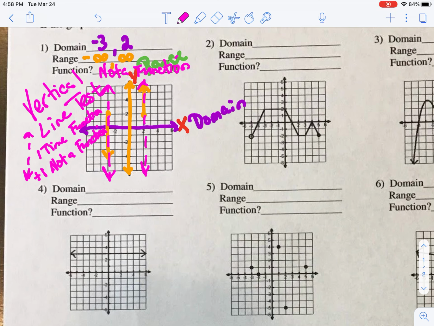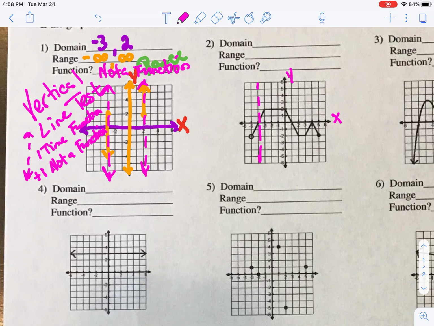Okay, let's move on to number 2. So with number 2 here, we have a few things that we need to pick up. We're still focusing in, I'm just gonna erase this. We're still focusing in on our two axes. So we have our x-axis, we have our y-axis. Before we even do anything with domain and range, we could simply do a vertical line test.